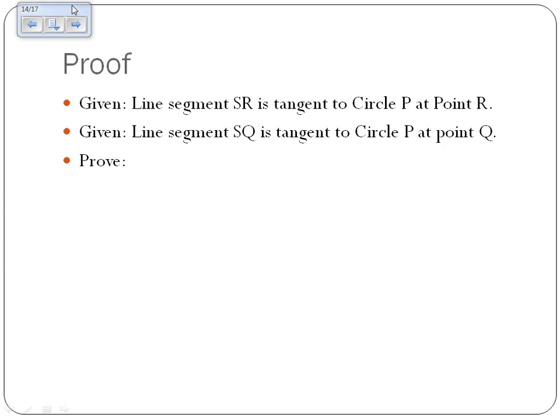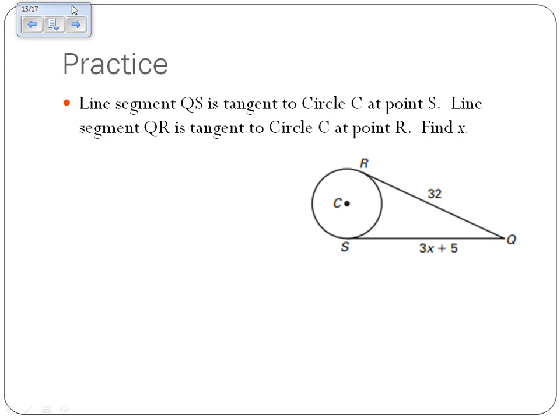We have proof, but we're going to skip that. Practice. Line segment QS is tangent. You don't have to write this down, just pay attention. Line segment QS is tangent to circle C. Okay? Barely touches. Line segment QR is tangent to circle C. Find X. Well, what do we know about these two lines? They're congruent. So if they're congruent, we know that they are the same or equal.